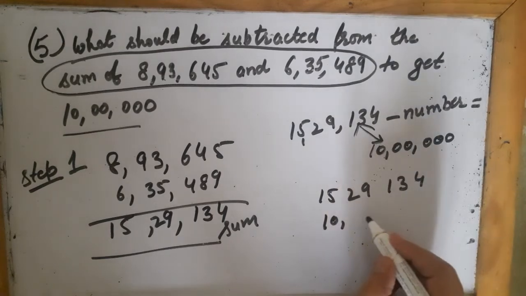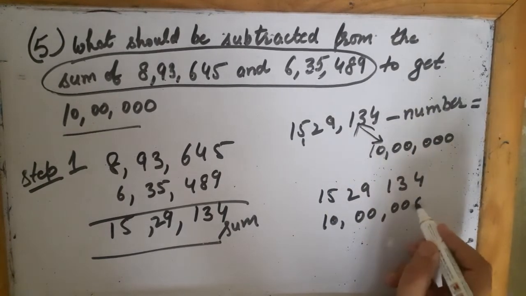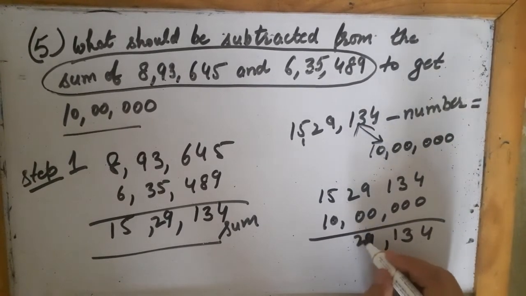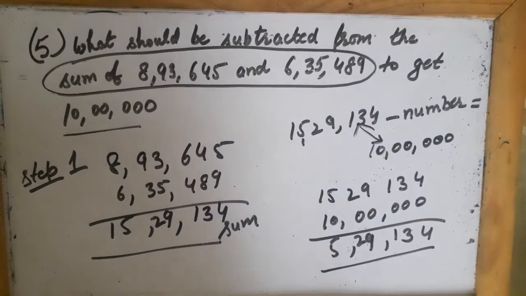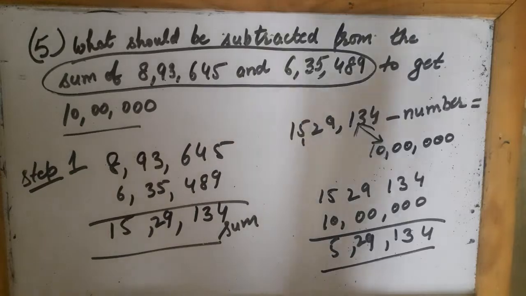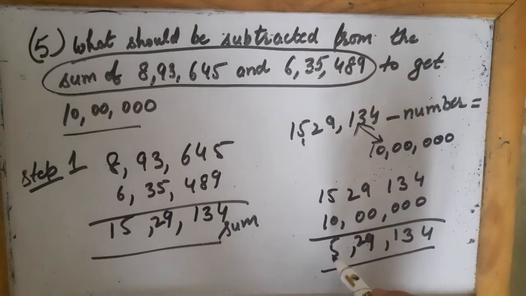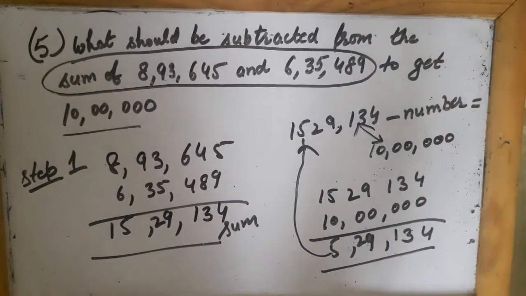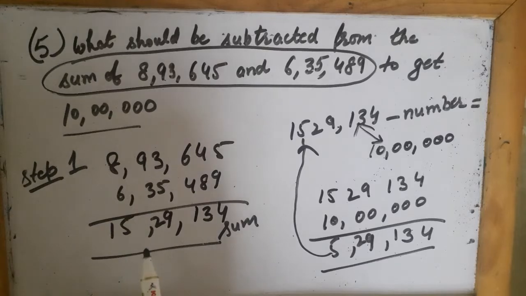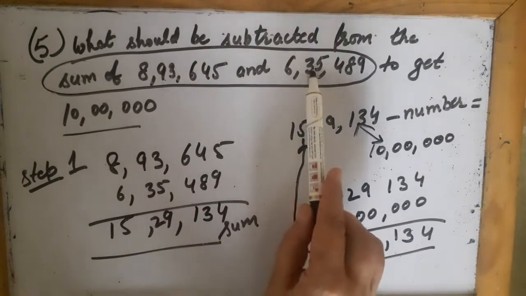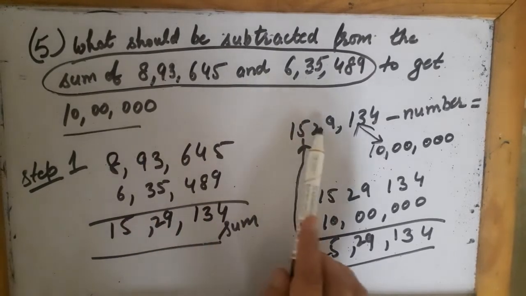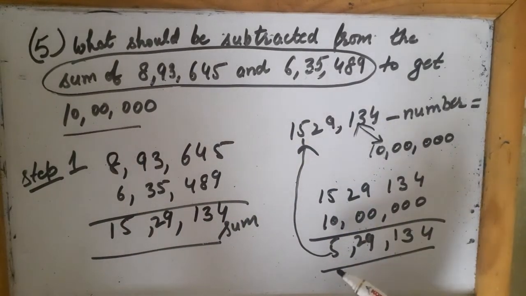From this I will subtract this 10 lakhs, and you will get 5,29,134. It means I will subtract 5,29,134 from this, and it will become 10 lakhs. So have you understood? What we were to do in this was, we were to add these two numbers, and from the sum of these two numbers I was to subtract this 10 lakhs, and I will get the number which is required.